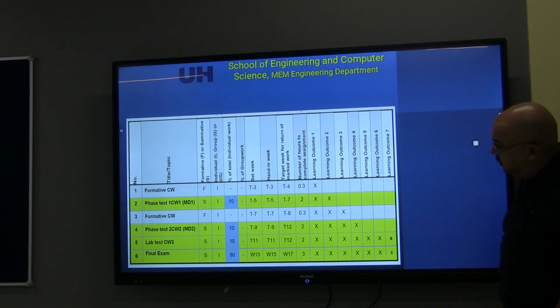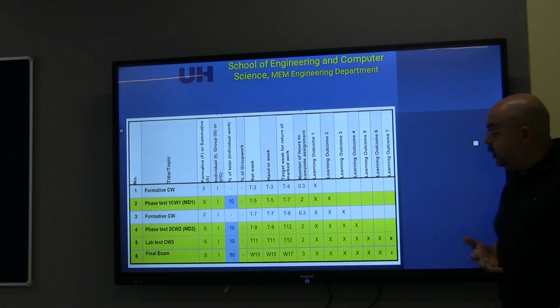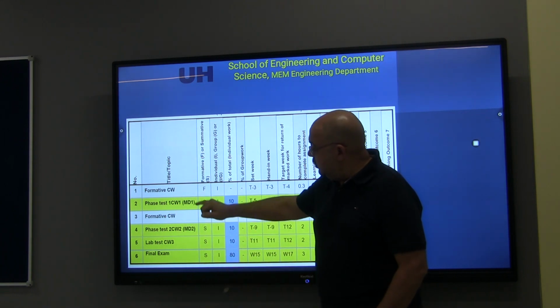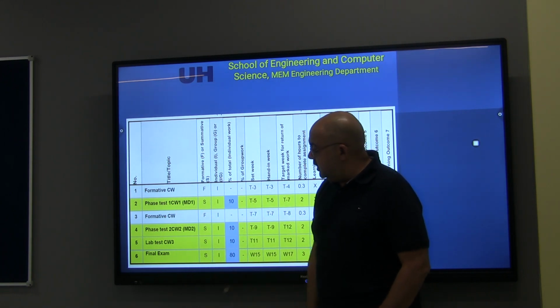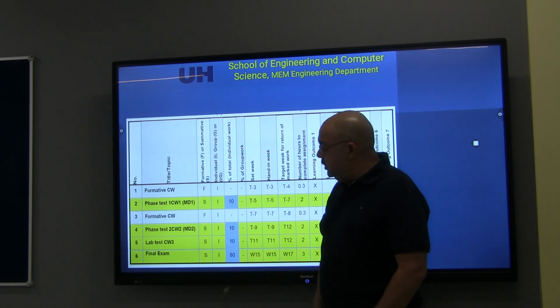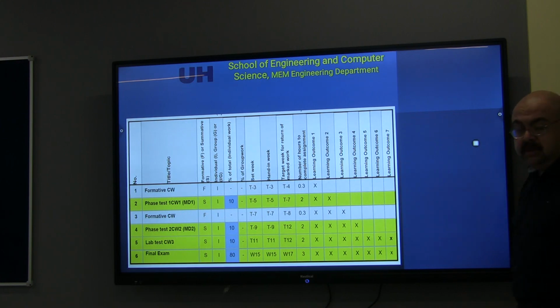This table, we will find it in the handbook, and it summarizes what we have spoken about: the times for the formative plus works, the times for the phase exams, phase number 1, phase number 2, and the lab test, and then the final exam also, and what it's going to cover.